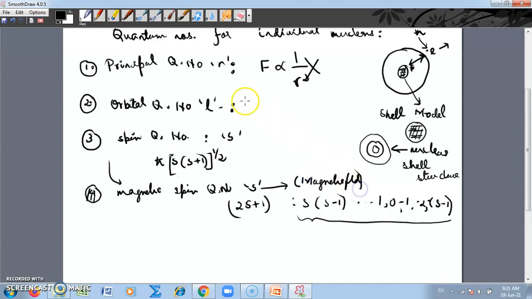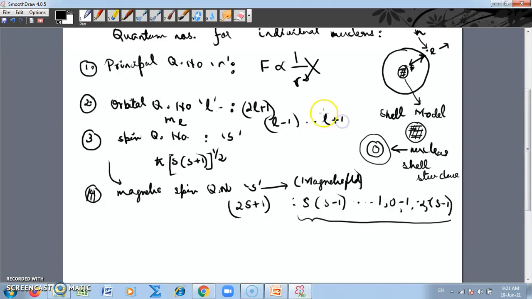But then I forgot to mention, we also have an ML along with L, which also has twice L plus 1 values, which also varies in the same way as s, so from L minus 1 to L plus 1.